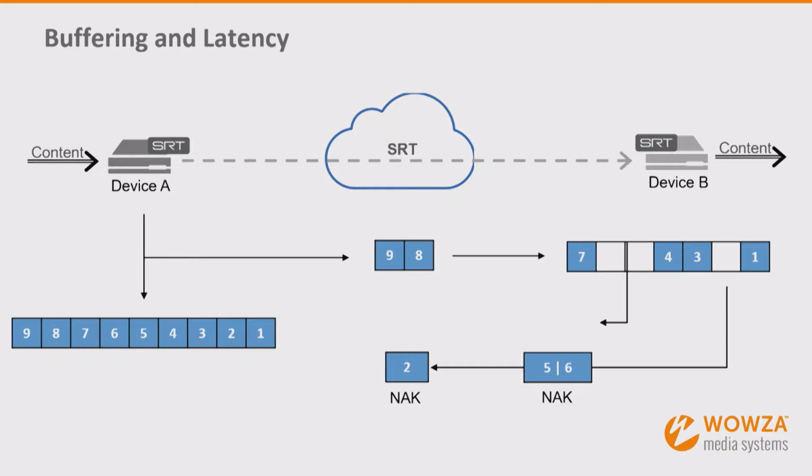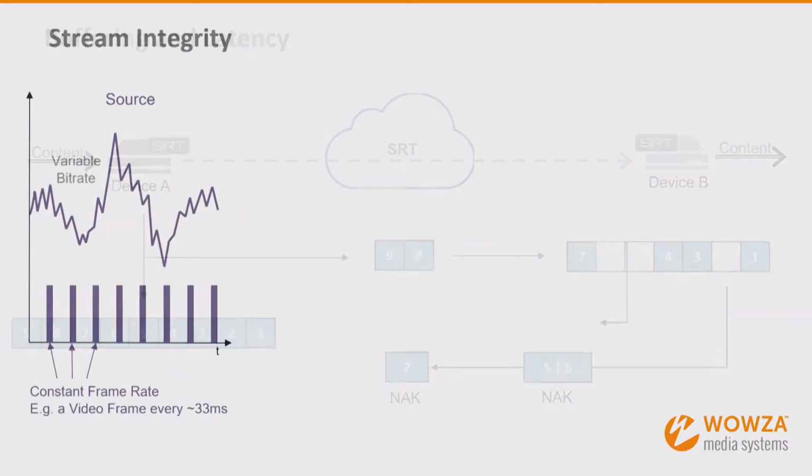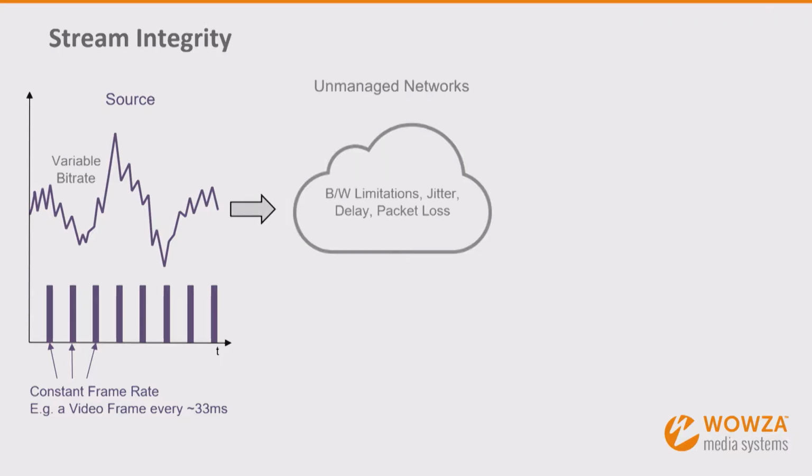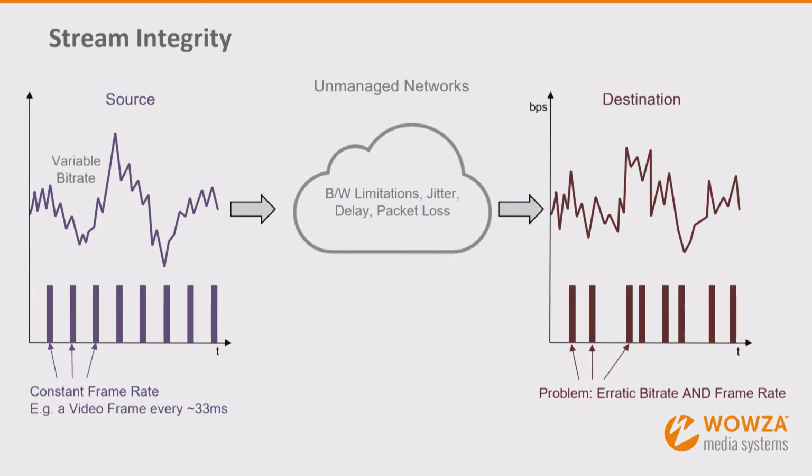One of the important things is the stream integrity of a stream when you lose packets. Even with all the packets recovered over an unmanaged, lossy network, i.e. the public internet, your destination stream isn't necessarily going to match. And video decoders don't like that.